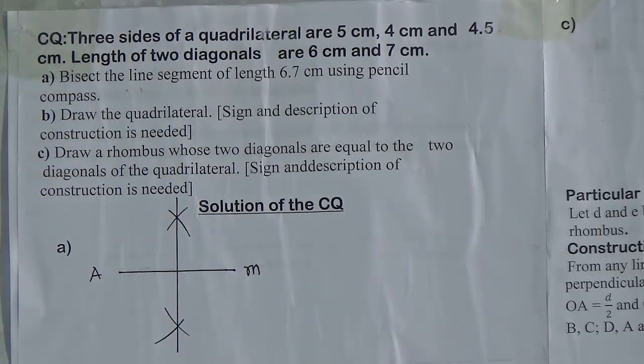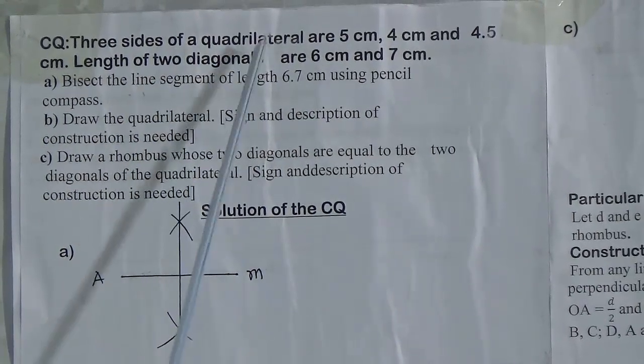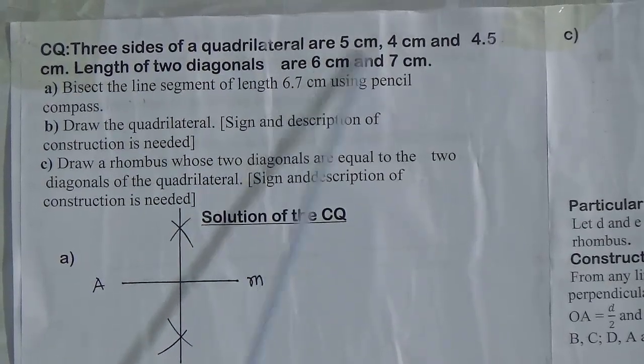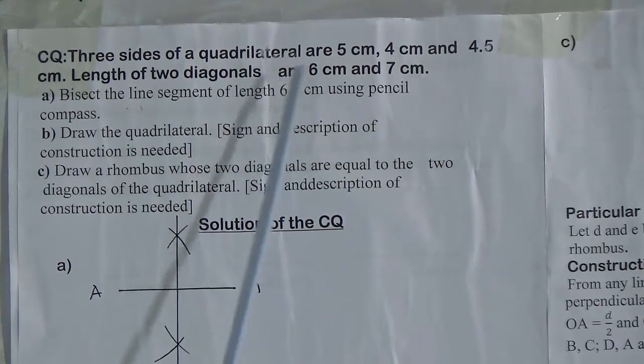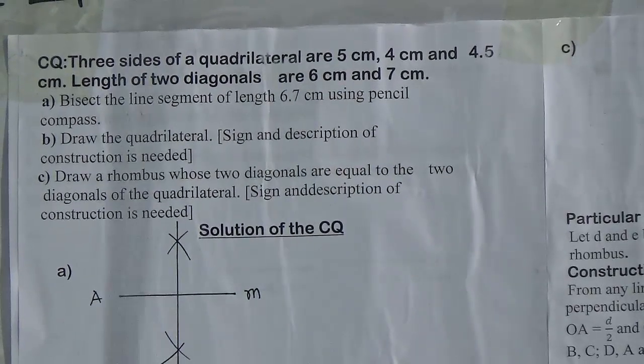Hope you understood. B number, draw the quadrilateral. Listen, dear student, look, the three sides are 5 cm, 4 cm and 4.5 cm. And the two diagonals are 6 cm and 7 cm.